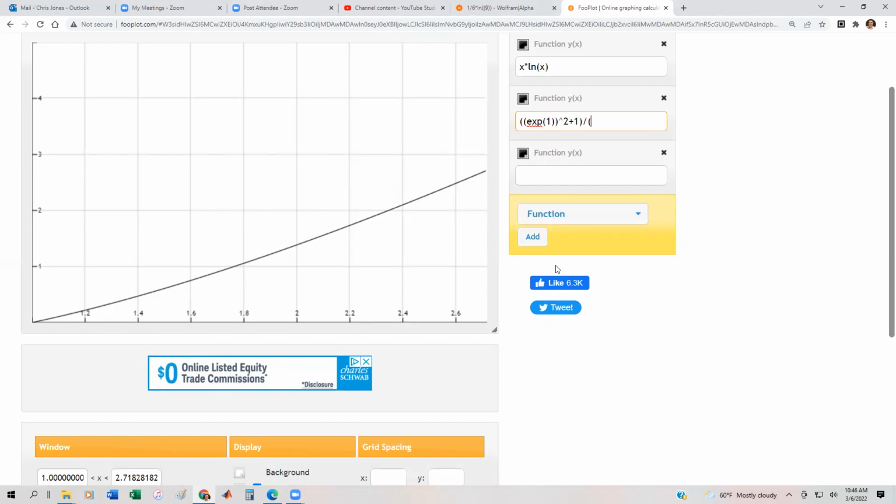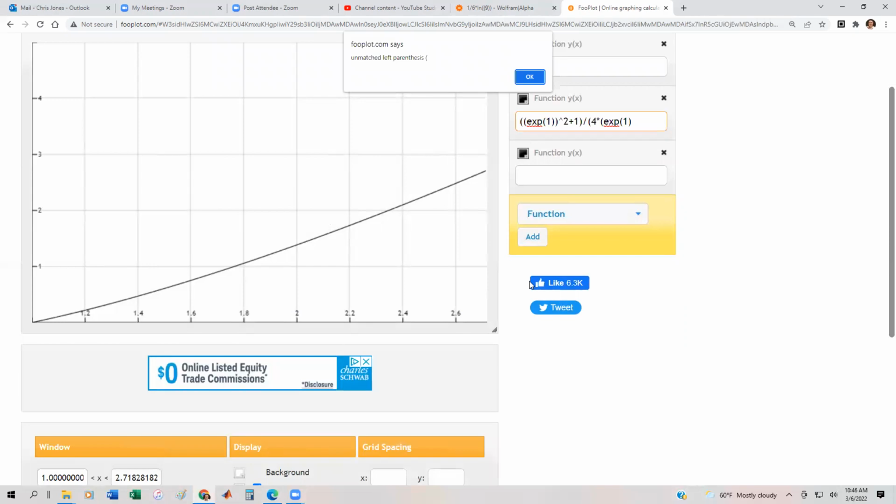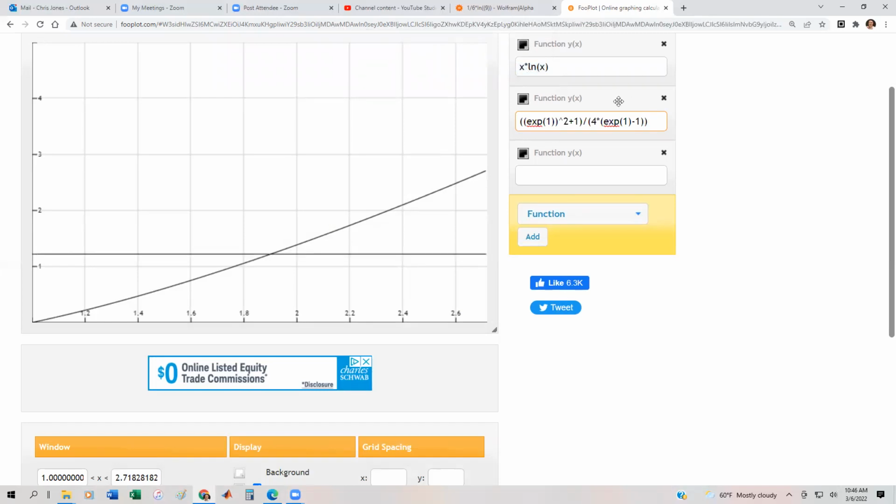Then we're going to divide that by 4 times the quantity of e, and I think it was plus 1 as well. Let me verify that. e squared minus 1 or e minus 1. So let's see what we get out of this. So here's our average value, which looks like it makes sense because it's almost right in the middle of this graph.